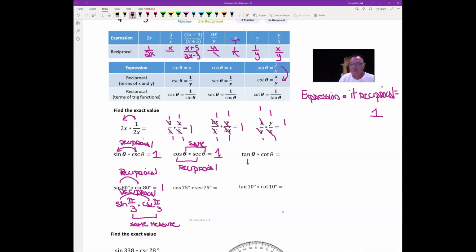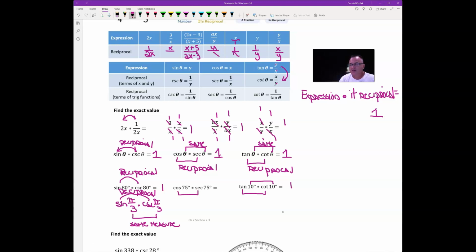And that's true for all of these reciprocals. So all of these are doing the exact same thing.